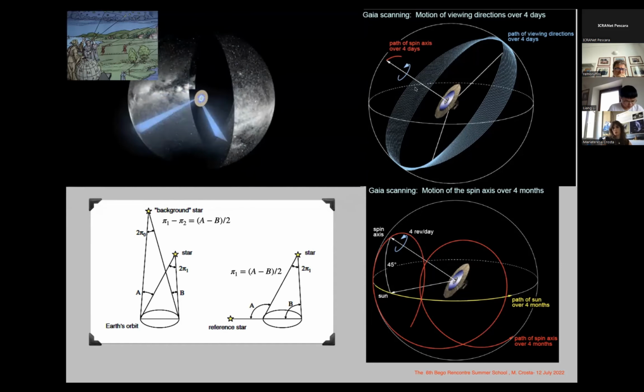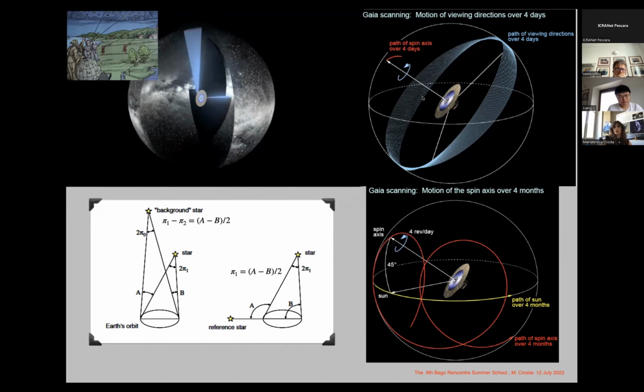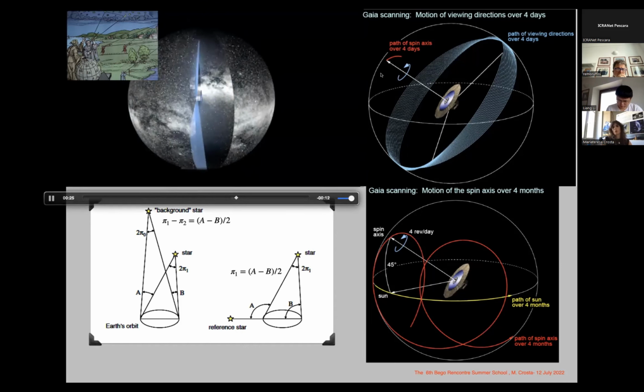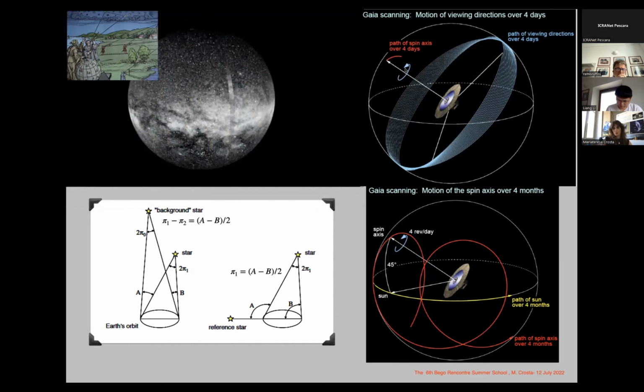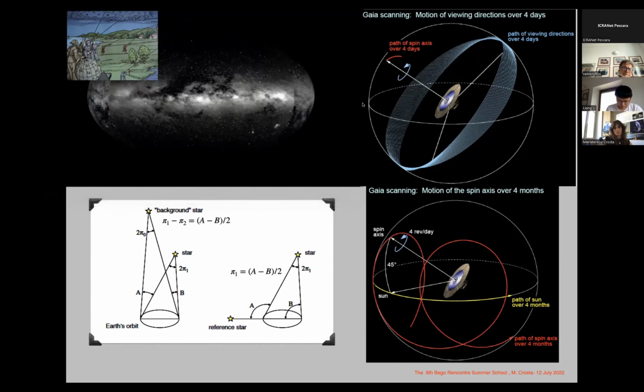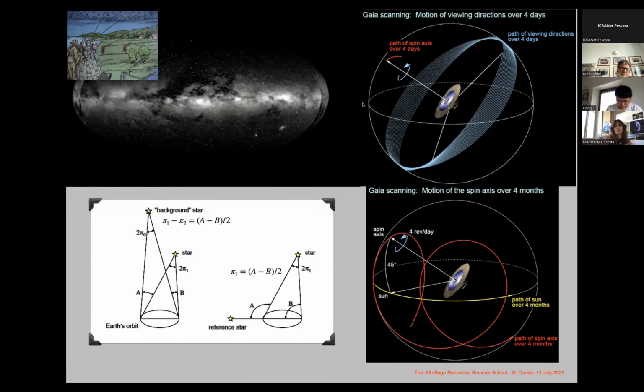To assure full sky coverage, Gaia combines, along with the orbital motion around the Sun, also a spin motion and a precession angle with respect to the Sun direction. In such a way, during the mission it is able, of course, to map the entire galaxy.